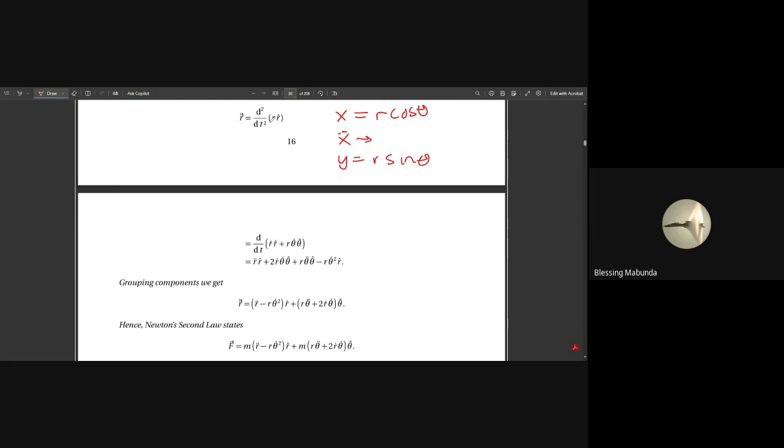So that means that it's going to be r dot multiplied by r hat according to the product rule, plus r multiplied by the derivative of r hat.